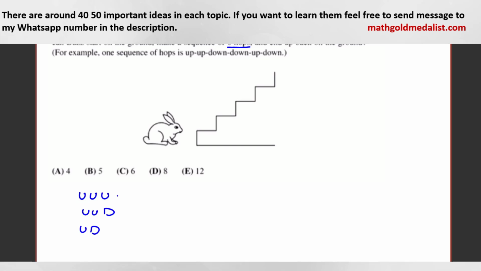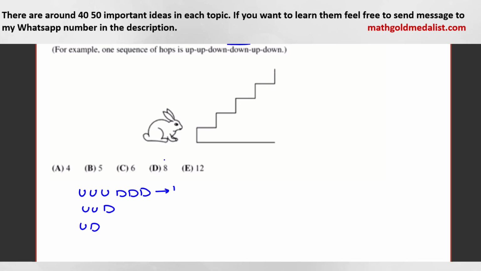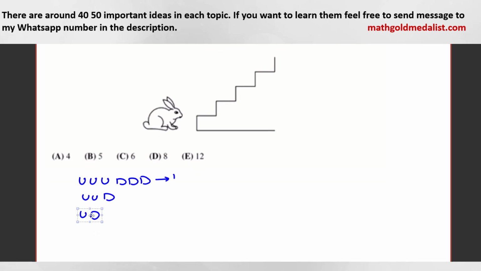If we have 3 U's, then we should have 3 D's, because at the end we should reach here. So one case. Now again, for this part, UUD, the next one is U or D. So again, if you have 3 U's here, we should have DD in this part, one case.